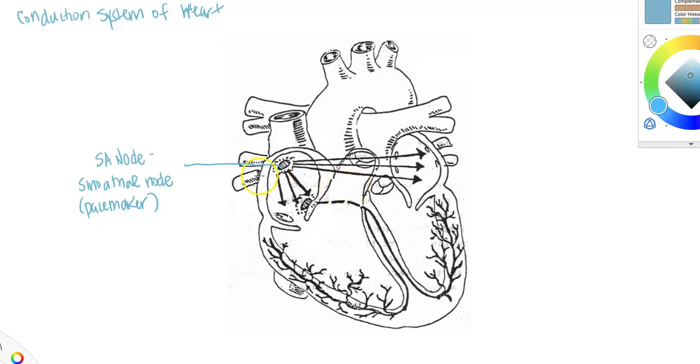And what will happen is this action potential starting at the SA node will travel throughout both atria. So that's what these arrows are signifying here. So it's going to depolarize all the contractile cells in the atria first.